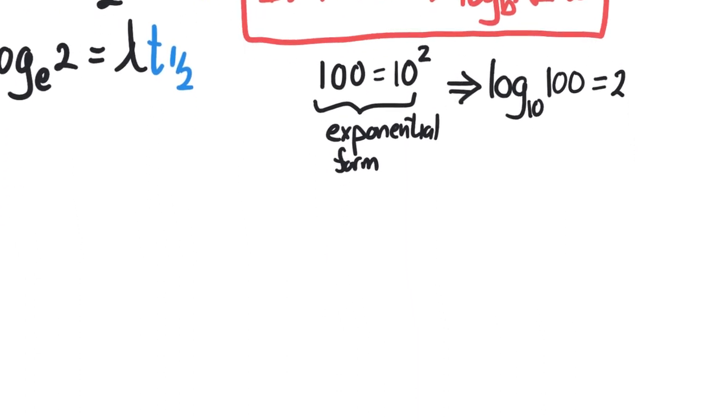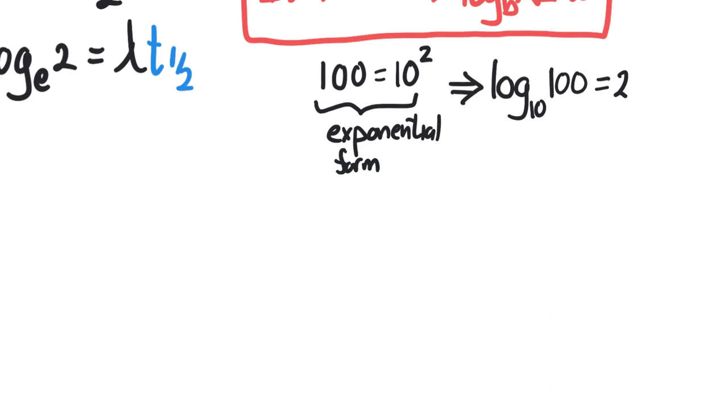Let's try another example. So let's use a different base. Let's say, for instance, I've got that 64 equals 2 to the power. Now, I'm not going to give you the answer. We're going to get it just now.